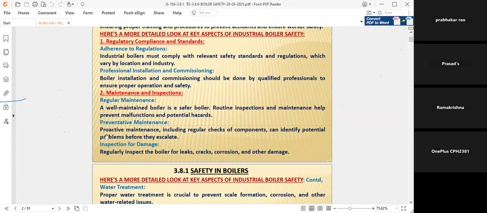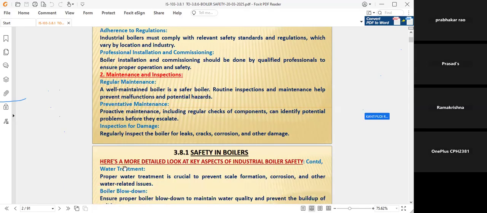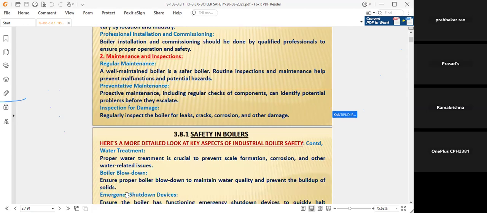Regular maintenance and preventive maintenance, inspection for damage, water treatment, boiler blowdown, emergency shutdown devices. A well-maintained boiler is a safe boiler. Routine inspection and maintenance help prevent malfunctions, and potential hazards are also taken care of. That is very important.